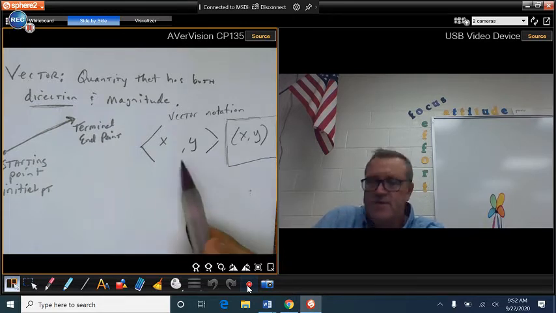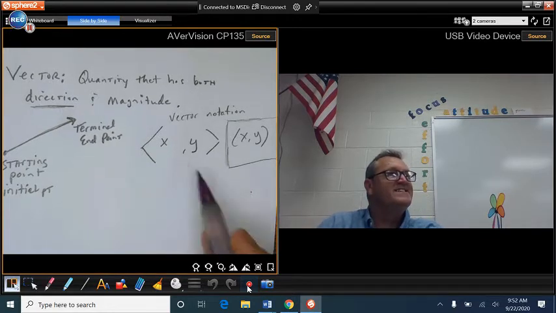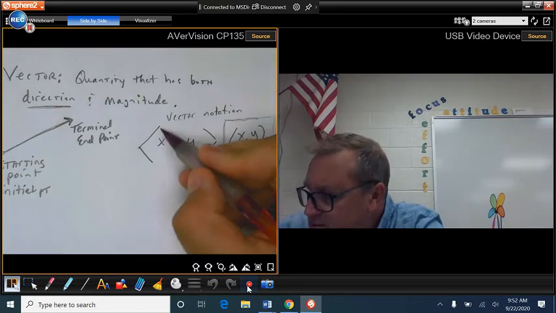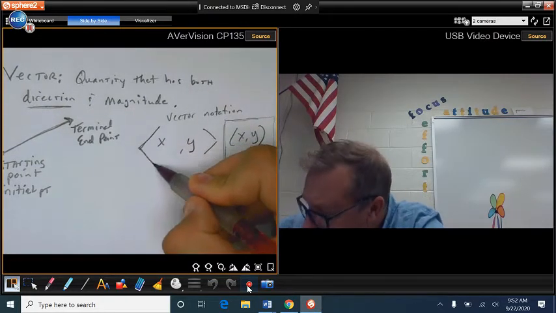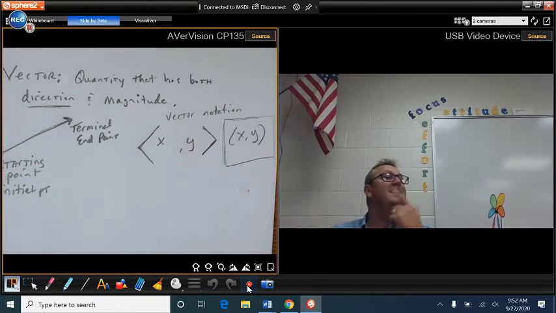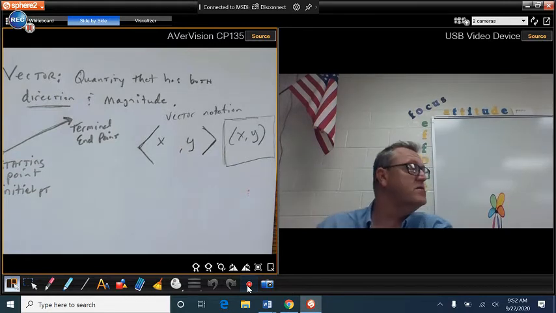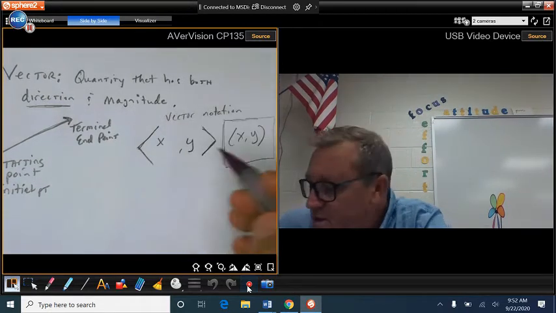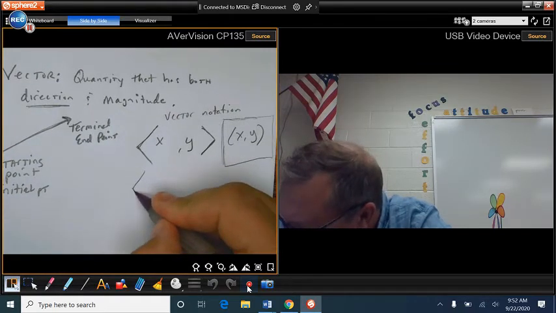Okay, well, this is different. It's in a similar format, but because we've got these weird brackets, so to speak, it has a different meaning. Okay, and it's a vector. That's the symbol for a vector notation. This is what it means.